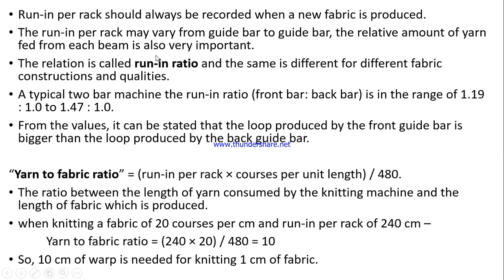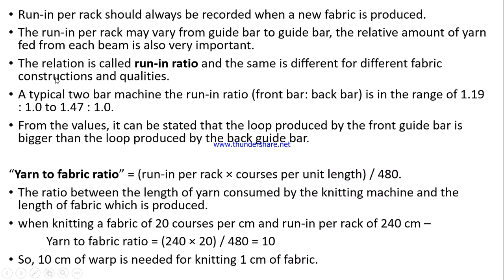So that calculation is very important. You should have the beam fall time similar or simultaneous for all the beams in the warp knitting machine, which is necessary for minimizing wastage. For that you need knowledge of the run-in per rack for all guide bars.